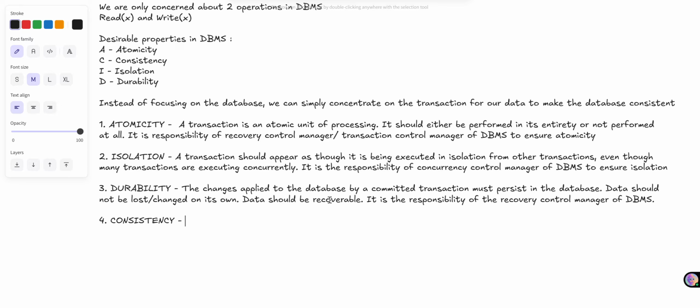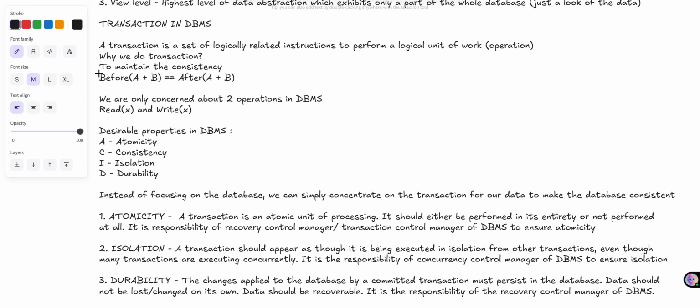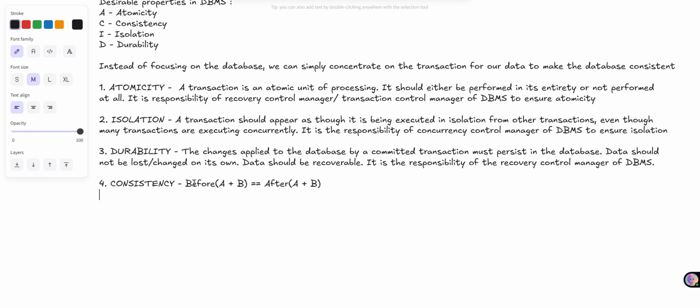I already told you what consistency is. If all the above properties are assured, consistency will also be ensured automatically on its own.